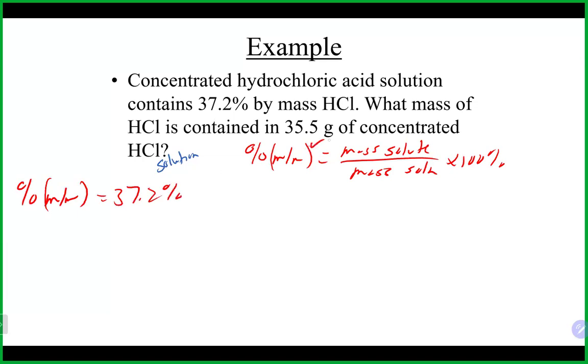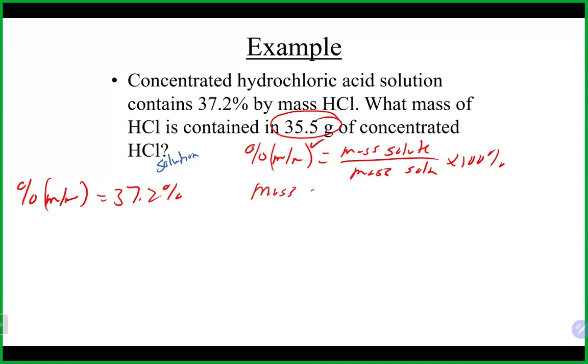By the way, I knew this was the solution, even though it didn't say it, because we are looking for the mass of the HCl. And as I mentioned earlier, the name of the solution is the solute. So if you're looking for the mass of the HCl in an HCl solution, that would have to be your solute, which means our 35.5 grams would be our mass of our solution. So again, that's how you can sometimes tell in these types of problems.